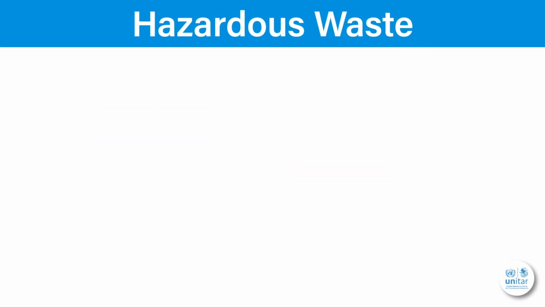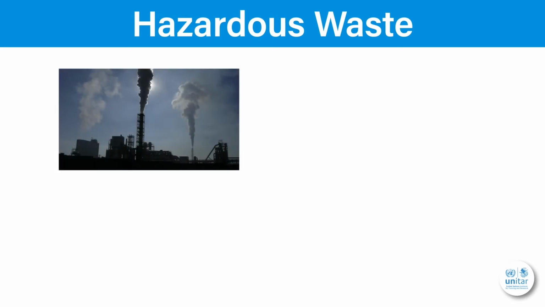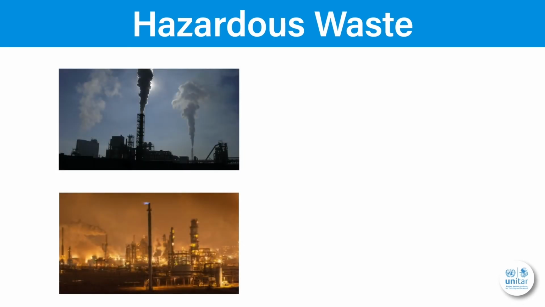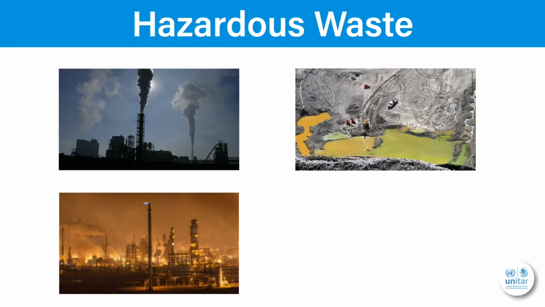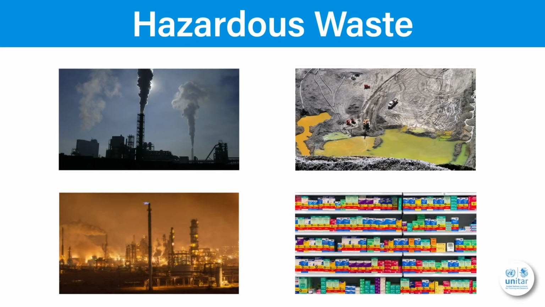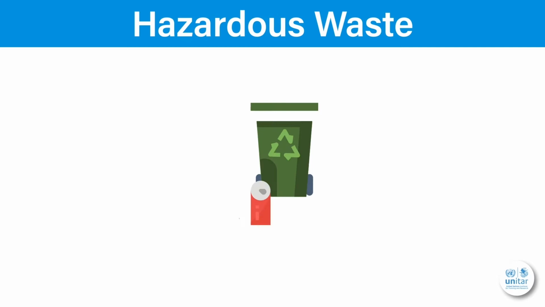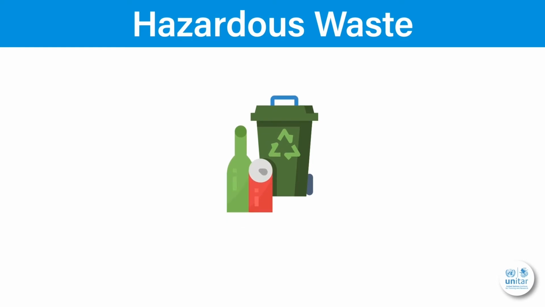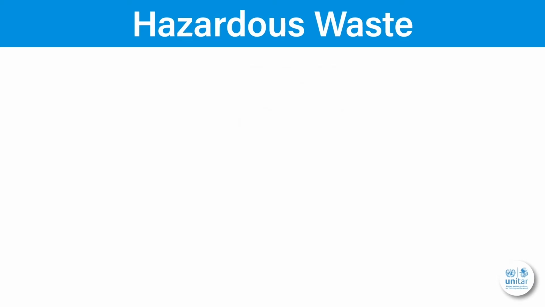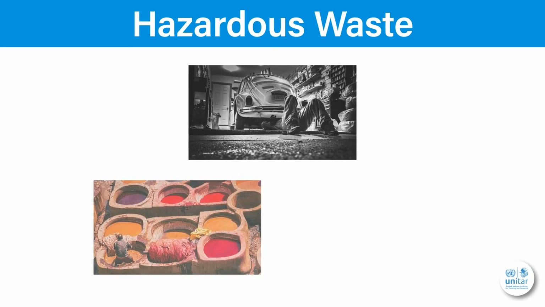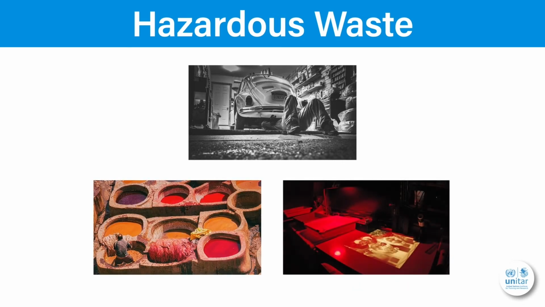Hazardous waste can come from industries, such as chemical manufacturing, petroleum and coal product manufacturing, mining activities, pulp and paper industries, pharmaceutical industries, etc. Small-scale businesses can also generate hazardous waste, which might be part of the municipal solid waste stream. Examples of such businesses are car workshops, leather tanning companies, and photo finishing shops.